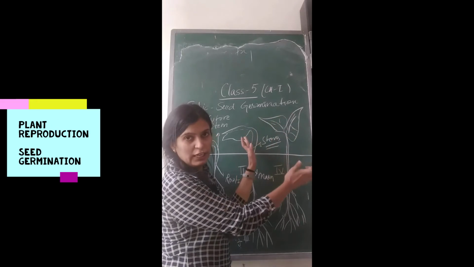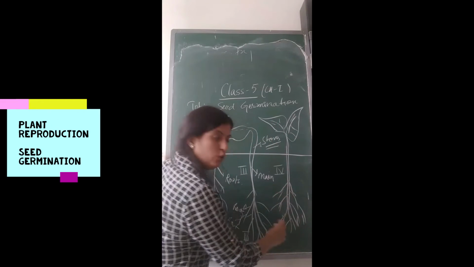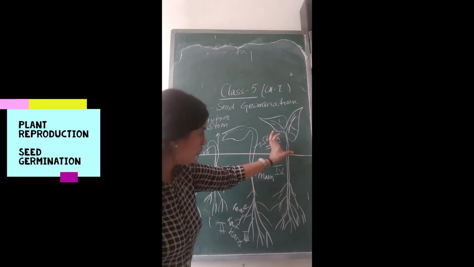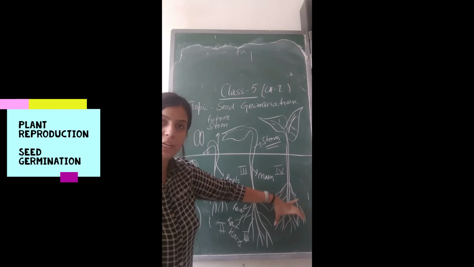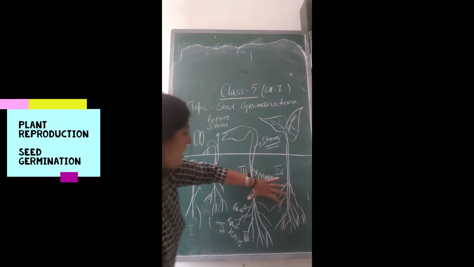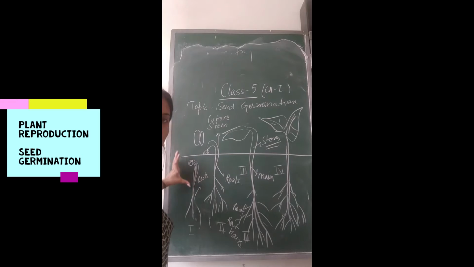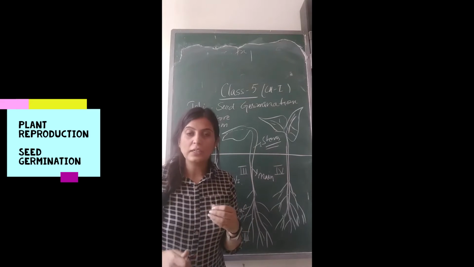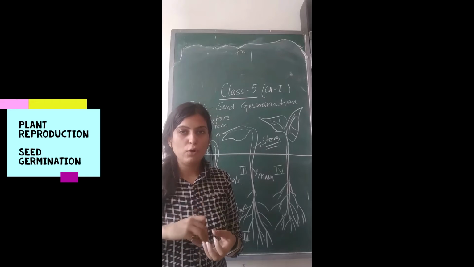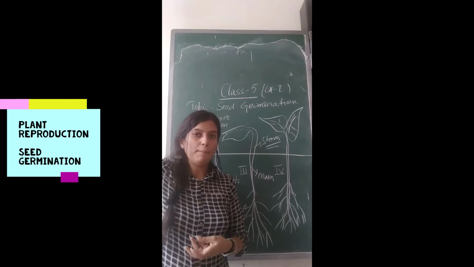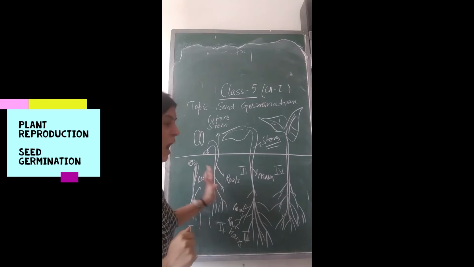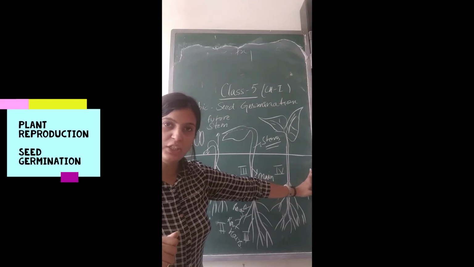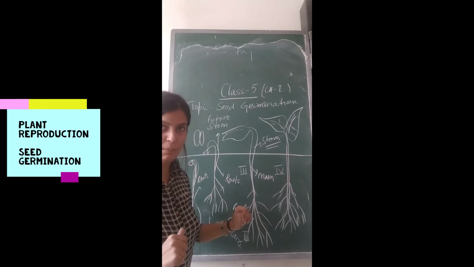Leaves are fully developed and the roots are also developed. The root system also gets developed. These are the 4 stages of seed germination, in which the plant starts to develop from the seed.